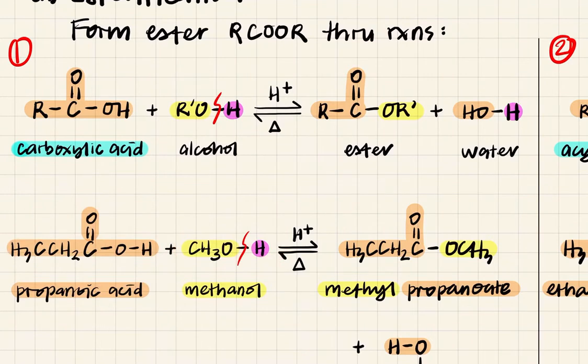So the name of your ester will be methyl propanoate. Propanoate comes from the carboxylic acid. Propanoic acid becomes propanoate because it becomes C double bond O, CO minus. Methyl comes from methanol, this part.